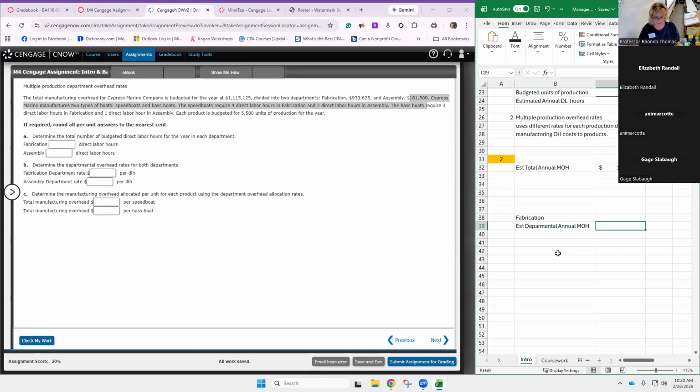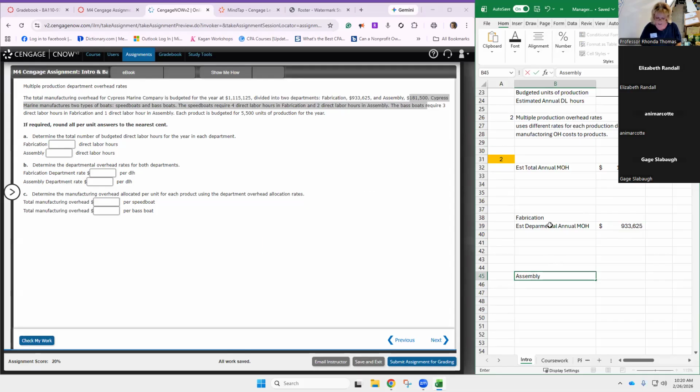And they gave that to us: 933,625. I'm going to fix that right now. We want dollars to be identified as dollars. Now let's move down a little bit and put in the assembly department.